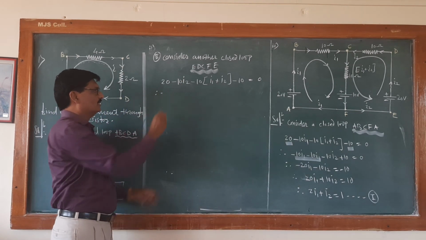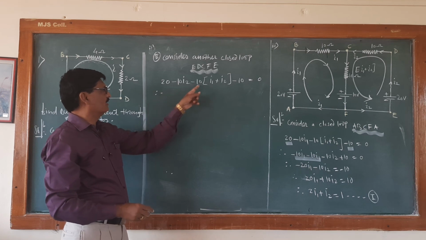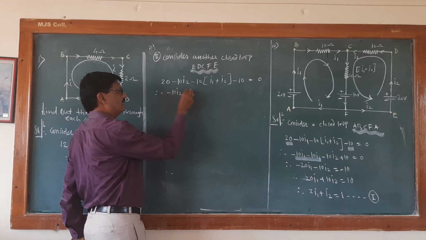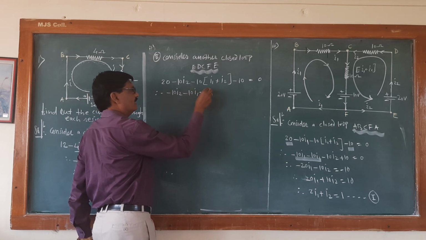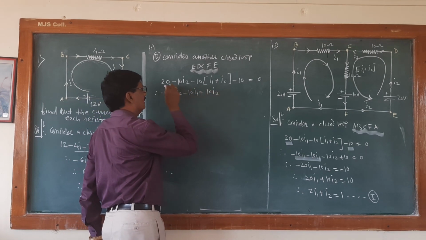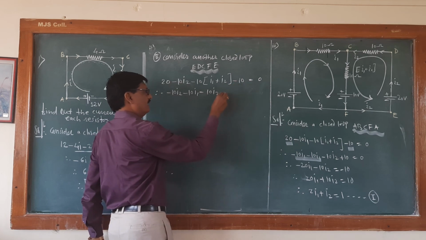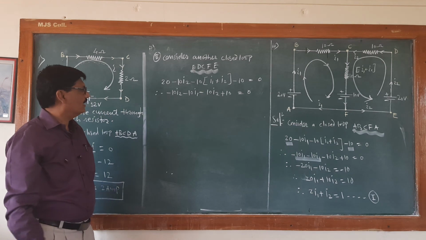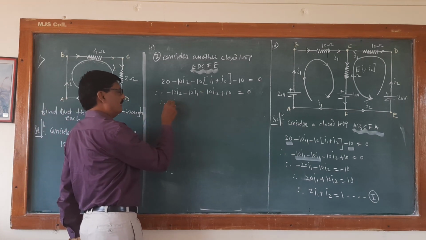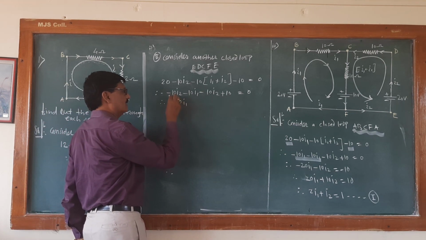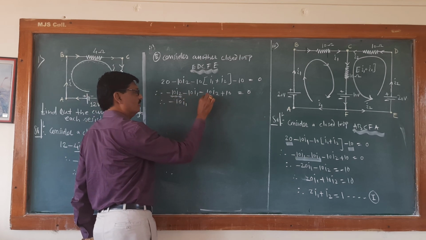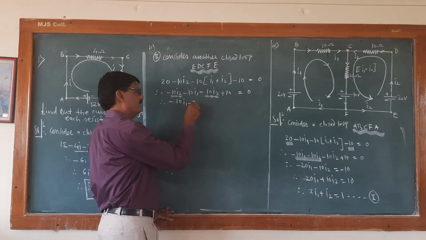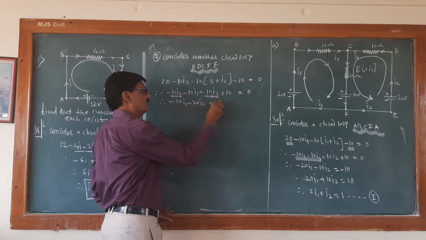And therefore, 10 minus 10 times I2, minus 10 times I1, minus 10 times I2, plus 20 and minus 10 becomes plus 10, this is equal to 0. And therefore, minus 10 I1, minus 10 I2 and minus 10 I2 becomes minus 20 times I2, this is equal to minus 10.